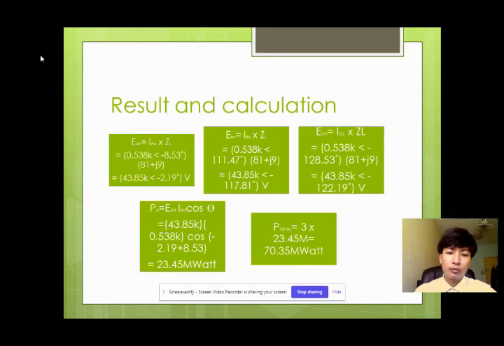So the formula in order to find P total is 3 times 23.45 megawatt, which is actually P total is 3 times the power absorbed. So for the P total, power total, I get 70.35 megawatt.